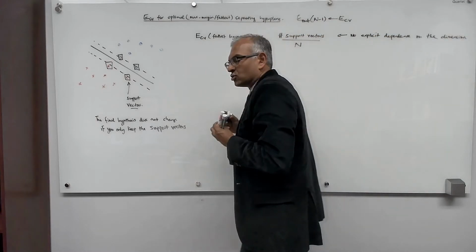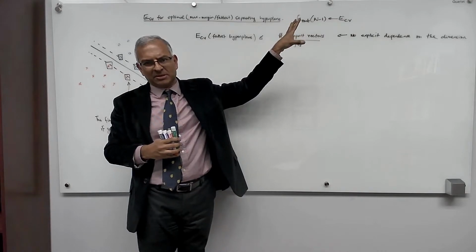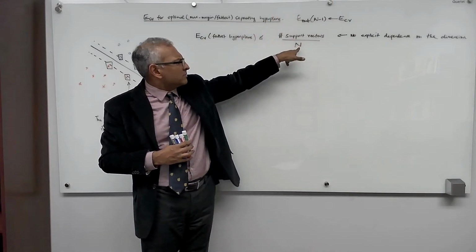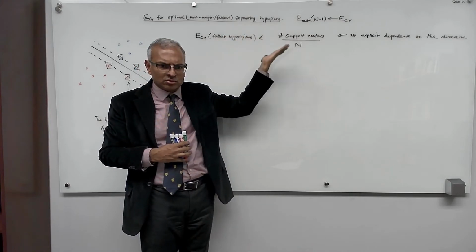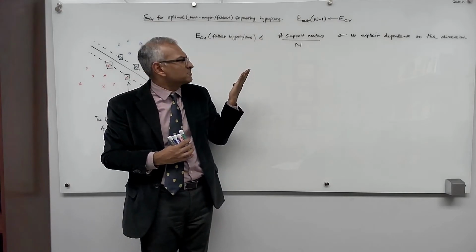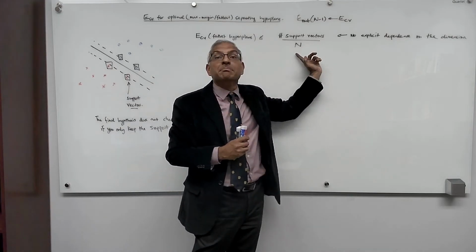Now, it is true that as you go to higher and higher dimensions, the number of support vectors might increase a little bit. But as long as it's increasing very slowly or not at all, with enough data points, your cross-validation error is under control. Your E out is under control. And that's all we care about from the perspective of machine learning, from learning from data. And it's independent of the dimension.